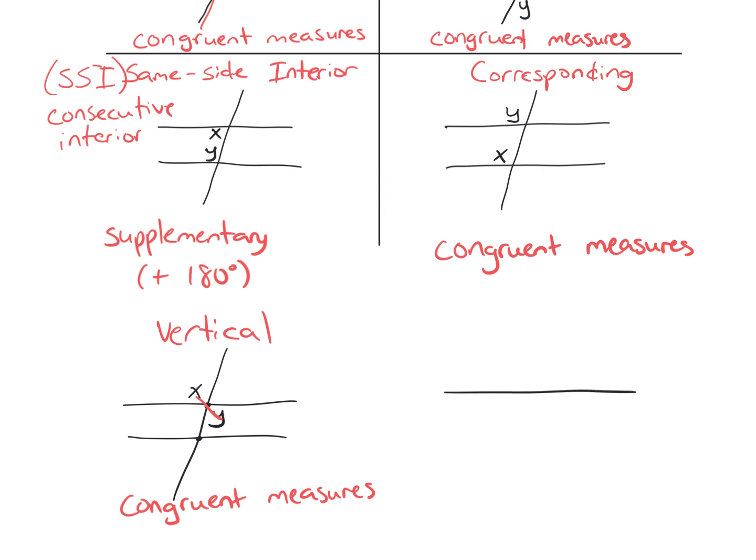One more I'm going to talk about is adjacent. Does anyone know what adjacent means? Any guesses as to what adjacent means? Adjacent means they're right next to each other. They share the same line. Okay, so maybe make that note. Adjacent means next to each other.